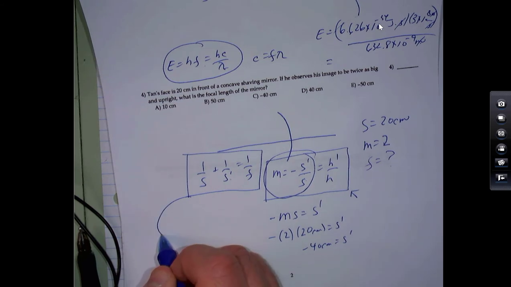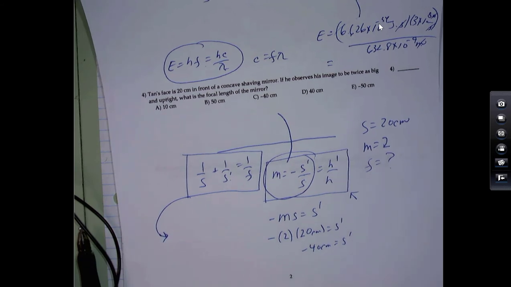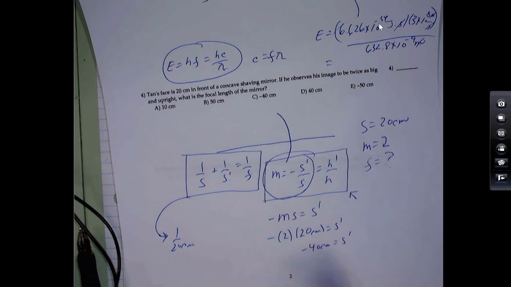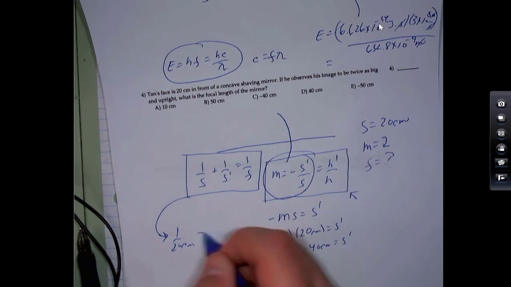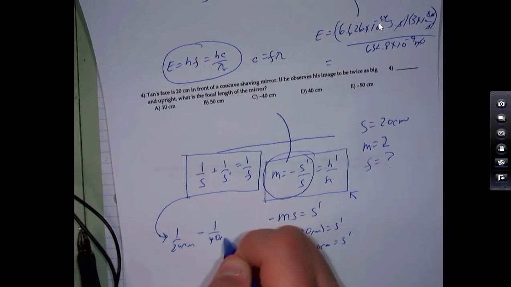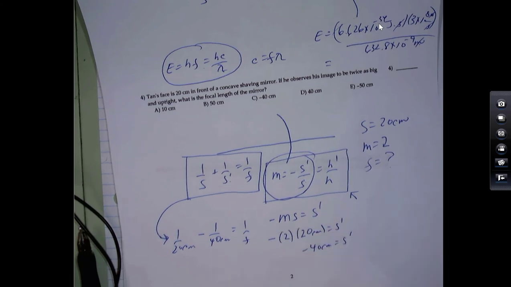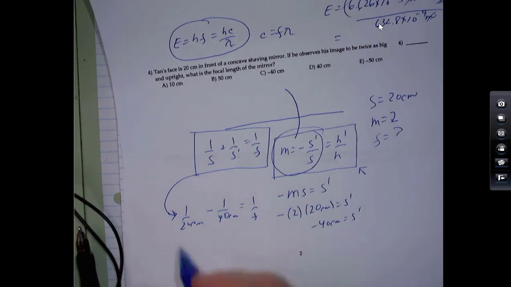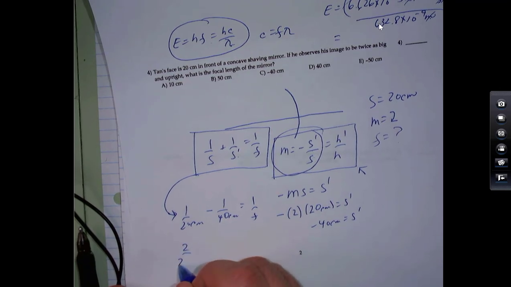Okay, so let me use this equation now. So 1 over s, 1 over 20 centimeters, plus 1 over s prime. Well, s prime is negative 40, so I'm just going to put the minus sign there, is equal to 1 over f. You can do this with your calculator right now if you want to. I'm going to put this over a common denominator.